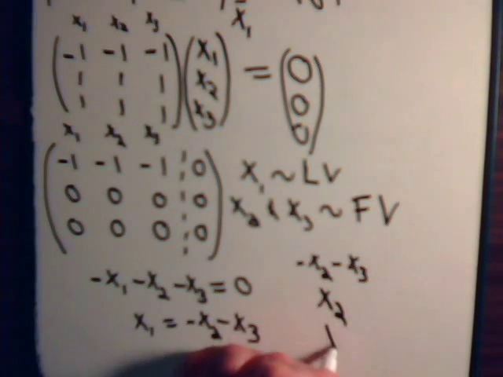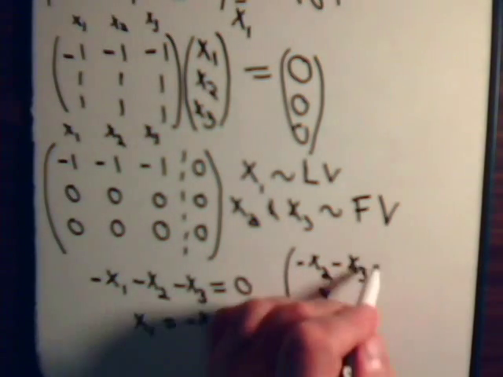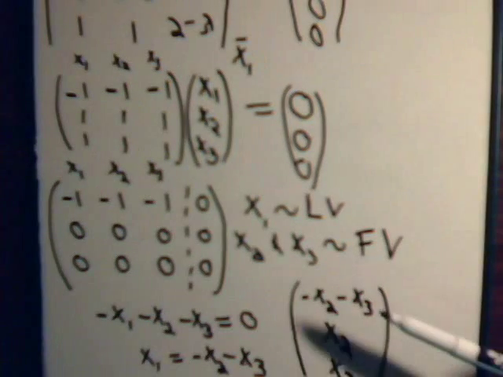So we just place them in, and this right here is the eigenvector. Its three components are this. Now we can make this into a better expression by factoring out the x2 and the x3, which we're going to do as soon as we make some space for that. Let's do it here.